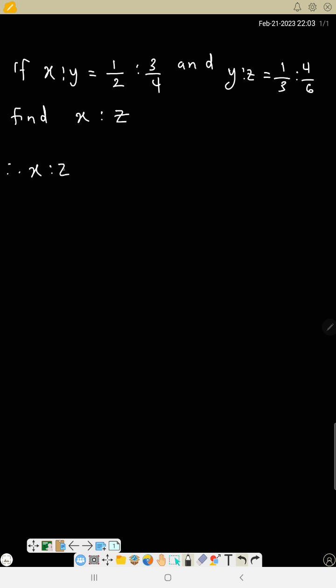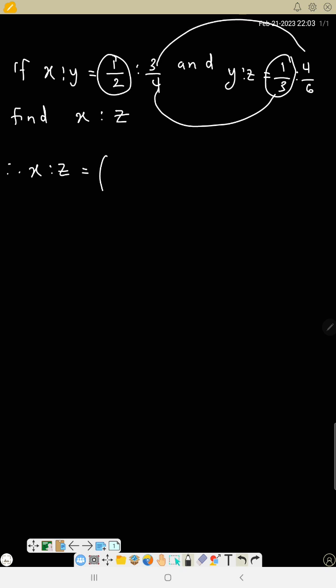So S ratio Z now will become, I'll just say 1 over 3 times 1 over 2. So again, it should be 1 over 3 times this. I'll skip for the second one. So I'll just do the last one because it's S ratio Z.